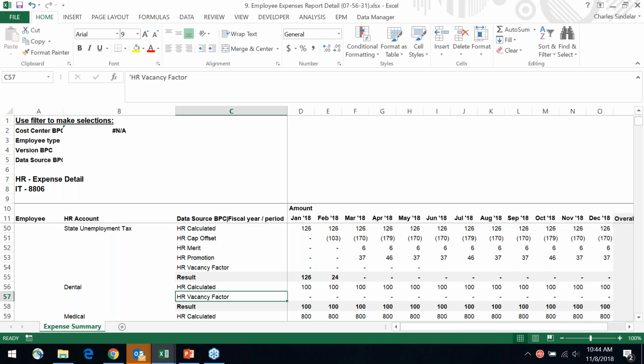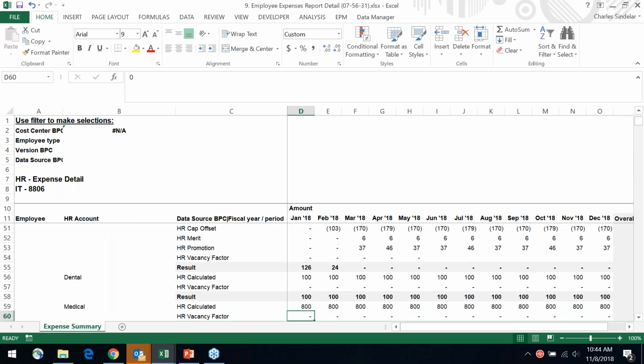You will never be fully staffed. You'll probably be 98% staffed, and you have no idea, at any given time, who that person is. So you can put in a vacancy factor, cost center wide, and it will deduct against the expenses. It's a macro adjustment to the total cost center expense.